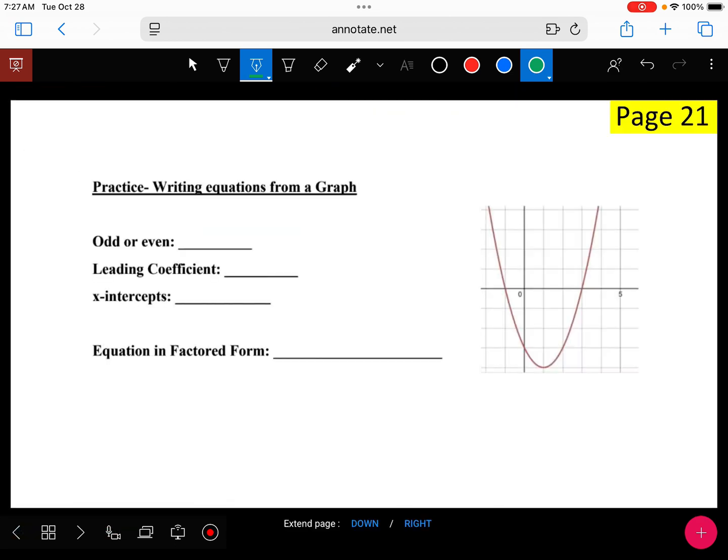All right, so let's go ahead and fill in all of our blanks for this graph. So, excuse me, will we say this is odd or even? Even. Is this a positive leading coefficient or a negative leading coefficient? Positive.